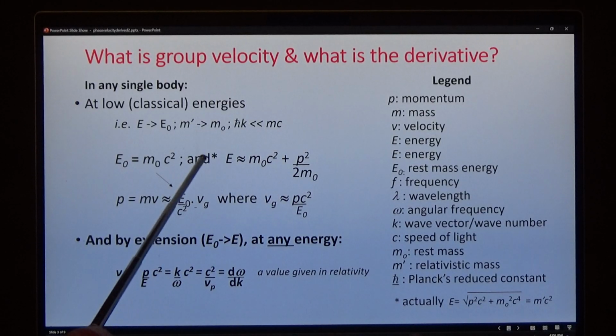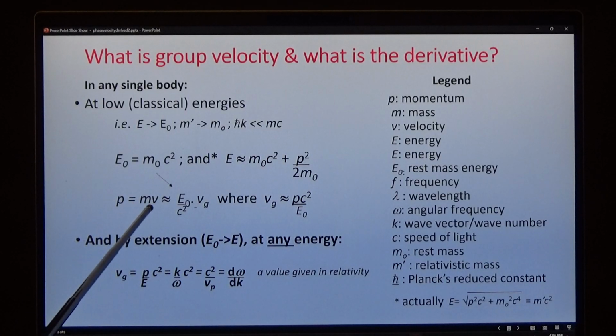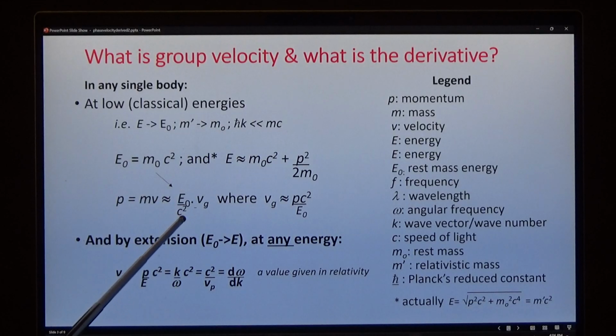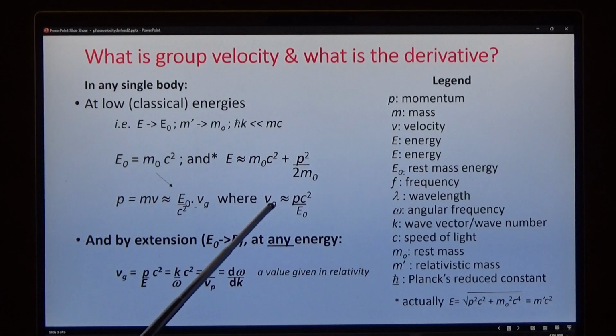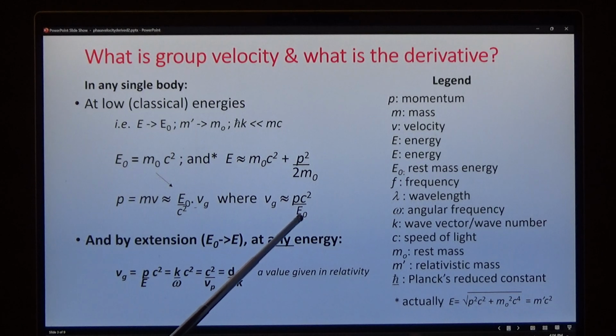This value is given by the binomial theorem from the proper value. And what is momentum? mv. Substitute for m, and we get E0 over c squared.